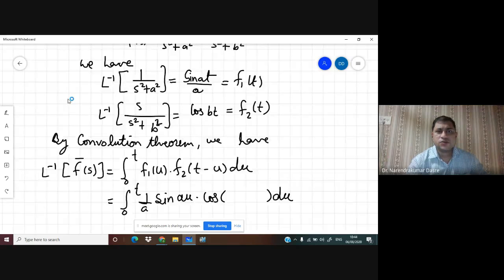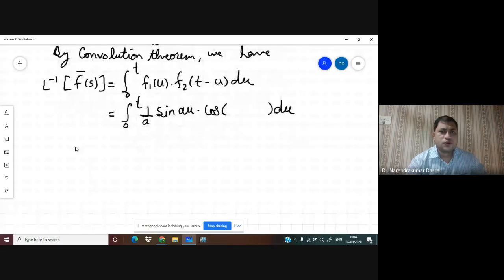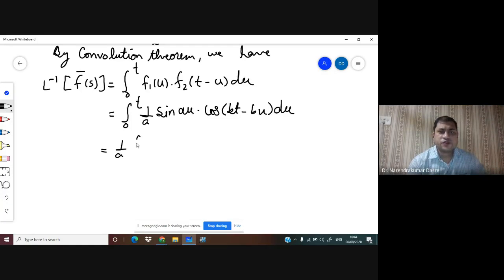So I hope that's correct now. So this will be bt minus bu. So we got 1 by a, integral 0 to t, sine of au into cos of bt minus bu.